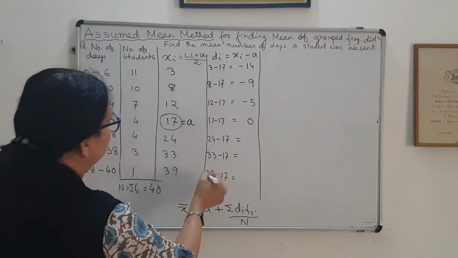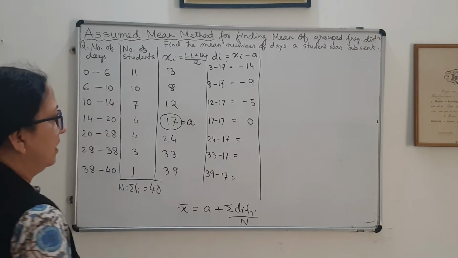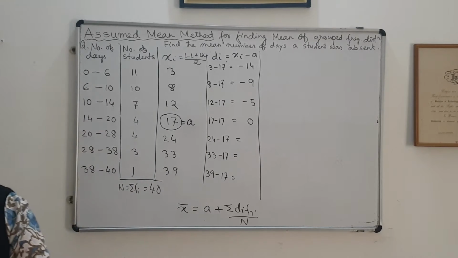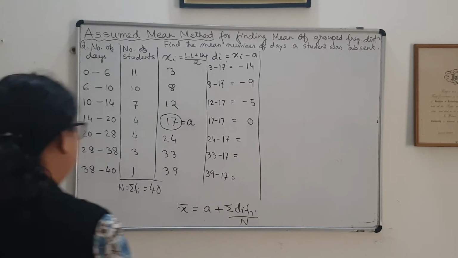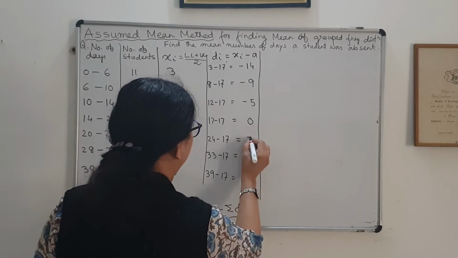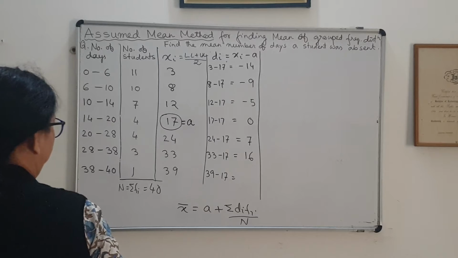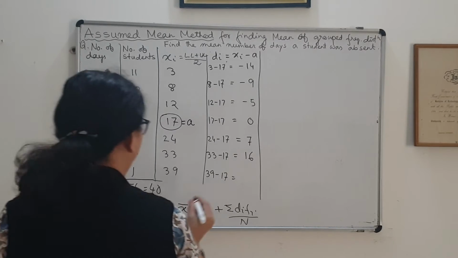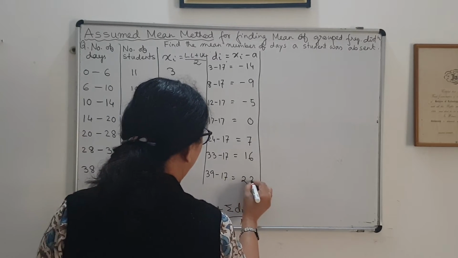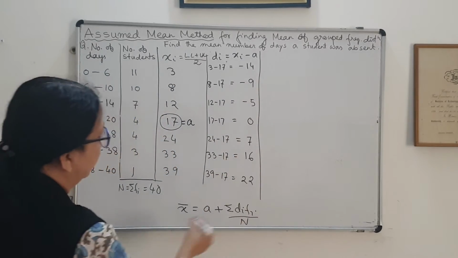So xi minus A, your A is 17. So these values we have to find out, and this will come out to be 7, this is 16, and lastly it will be 22. Yes, 22. So these are the values of di.